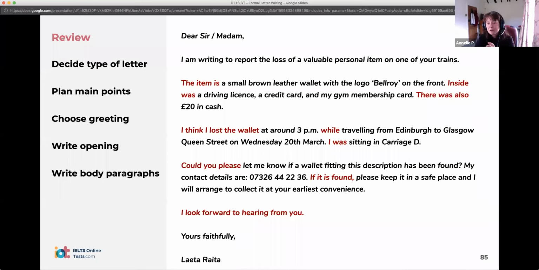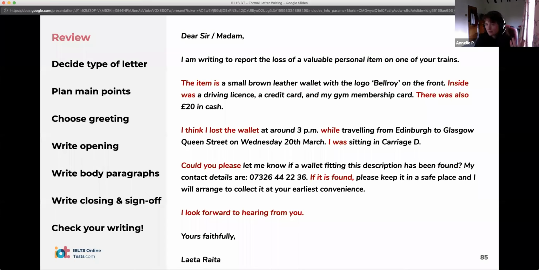Three body paragraphs corresponding to the three bullet points in the task, fully developed detail in each of them. Closing sentence and sign off, again, the sign off which matches the way that you've begun. And a couple of minutes to check your grammar and your spelling and all of those kinds of things to just make sure it's correct.